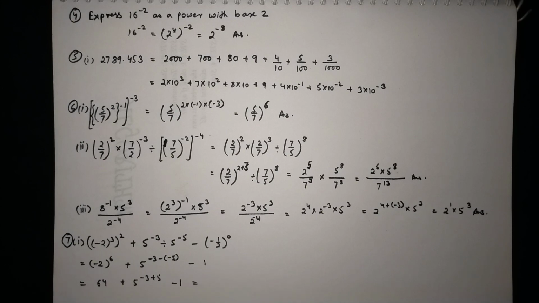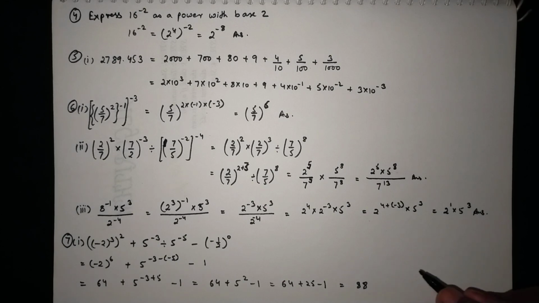Now this can be written as 64 plus 5 to the power 2 minus 1, and this will be 64 plus 25 minus 1, and on solving this you will be getting 88 as answer.